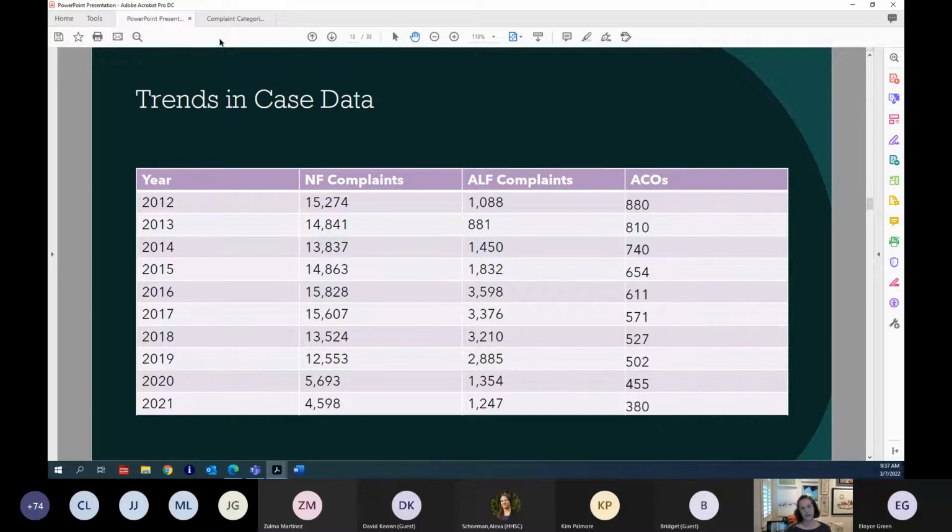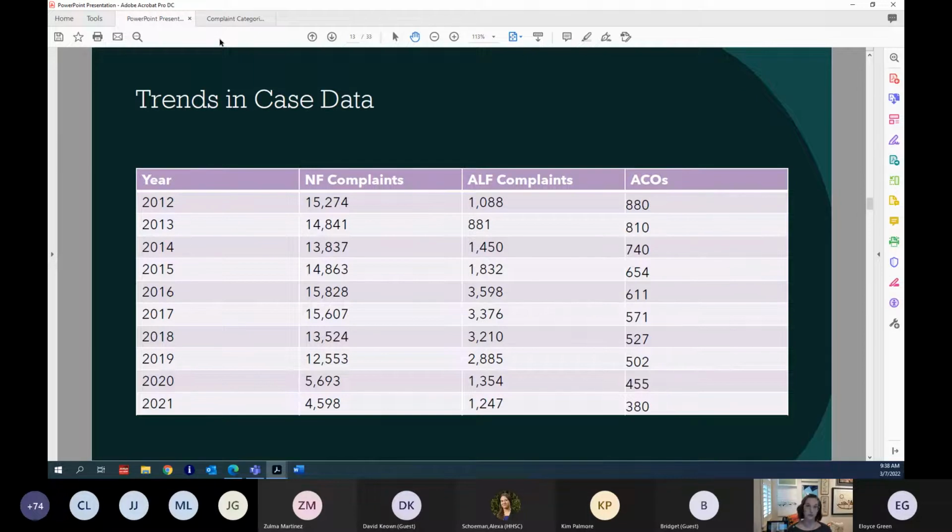So first off, I want to spend a few slides just showing you some information about our work and what information has been reported and recorded over the years. So here is a look back at 2012 all the way up to 2021, and you can see where things have dramatically changed and shifted for our work. So the first column is the year that we're reporting on, and that's a fiscal year we're using, state fiscal year.